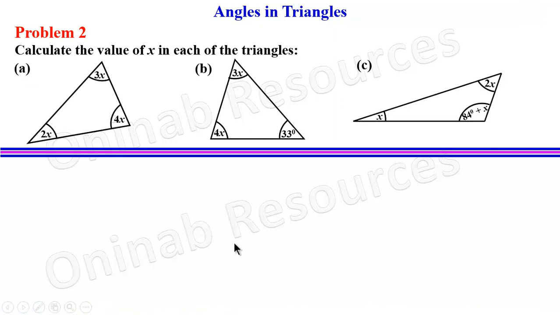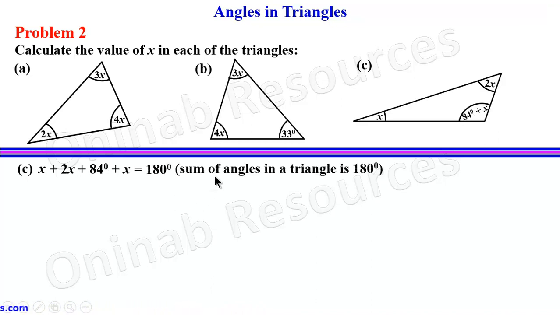We go for 2c. For 2c, I have x plus 2x plus 84 plus x gives 180 degrees, because sum of angles in a triangle is 180 degrees. Then we simplify and solve. This is 3 plus 1, gives 4x plus 84 is equal to 180 degrees.